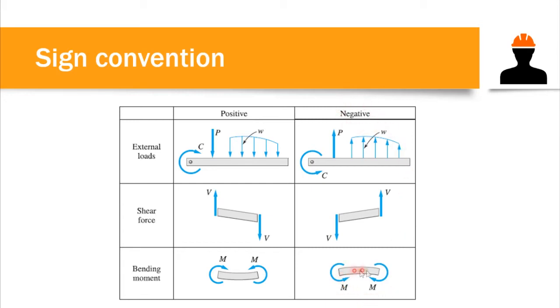This is a negative bending because it is frowning, and this one is a positive bending since it is a smiling face. These are some of the sign conventions that we need to familiarize ourselves with, and this will be helpful in dealing with different problems pertaining to beam structures.